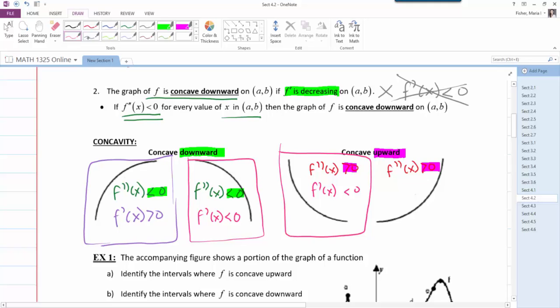And here on the last one, if your first derivative is greater than 0 and your second derivative is greater than 0, then you look like the right side of the letter U because you are increasing and concave up.